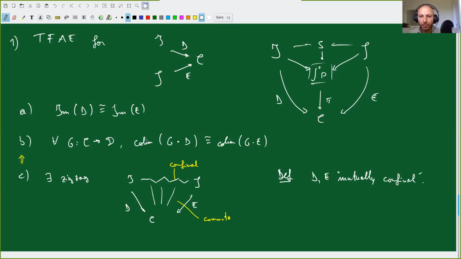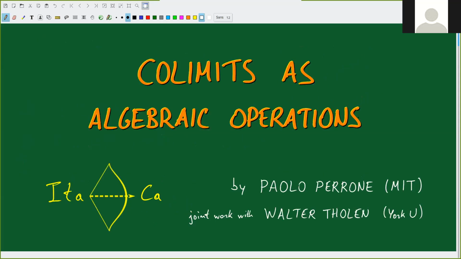Oh yeah, hello. Just relating back to the original motivation of colimits as algebraic operations, I was wondering what the advantage is of using this pseudomonad over using the small presheaf pseudomonad directly and interpreting that as being an algebraic operation. Is there an intuition for that? Sorry, what's the question?